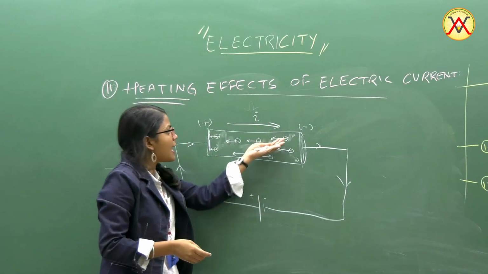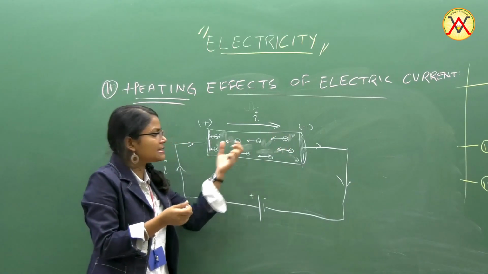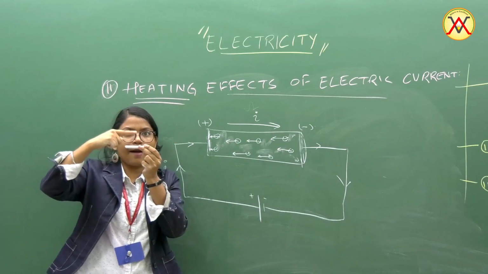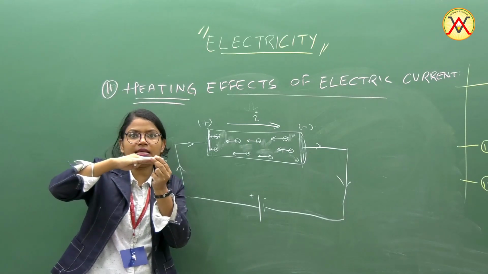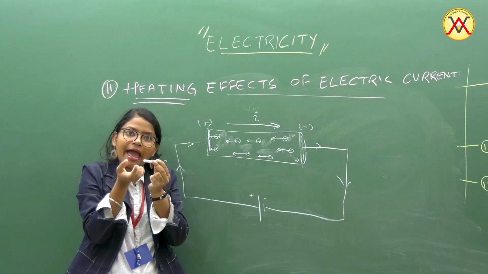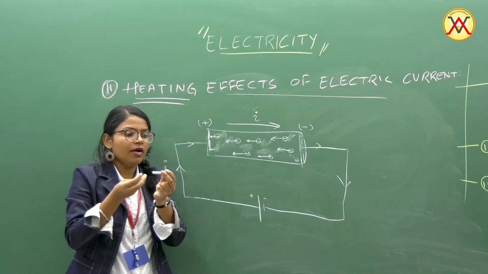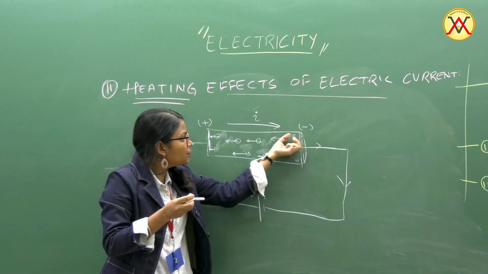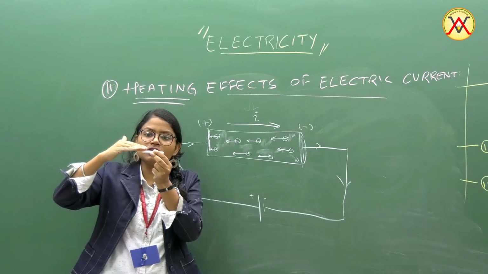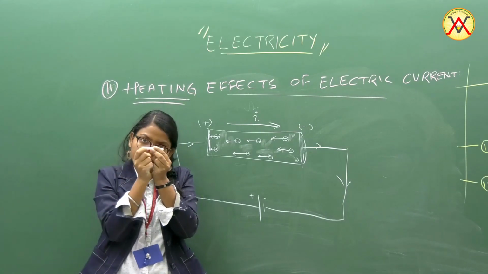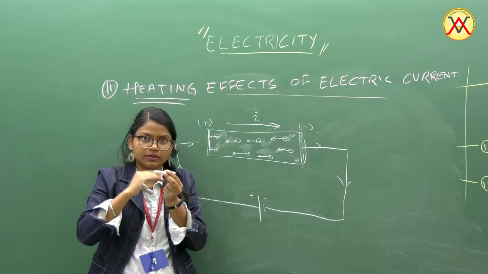Now, what is happening over here? Just assume this conductor has an upper surface. The layer just beneath this upper surface will have the nucleus of the atom and other electrons, right? When these electrons move in a set direction, they tend to collide with the other electrons or the atoms of the surface beneath.